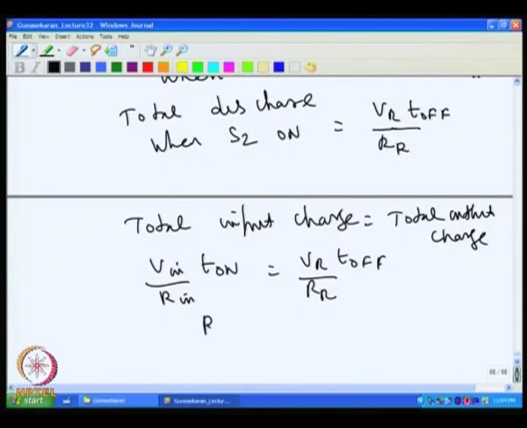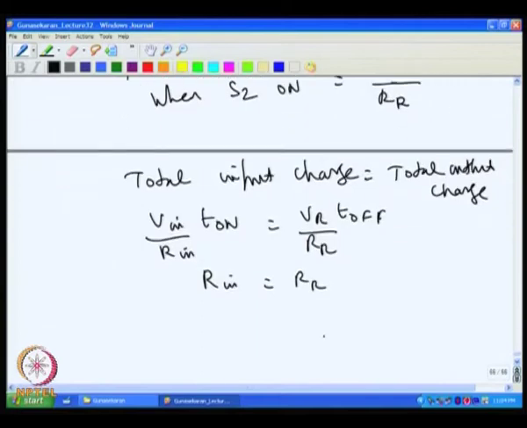So, essentially if R in is equal to R, then we will get V in by V R equal to T off by T on.